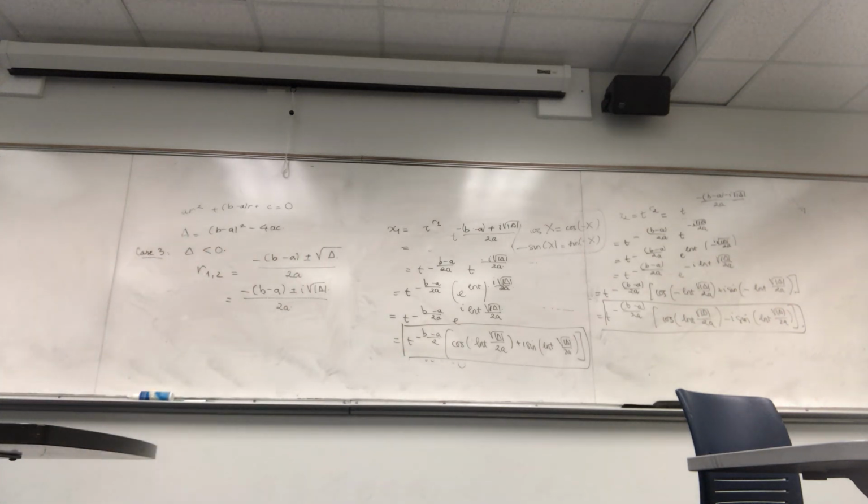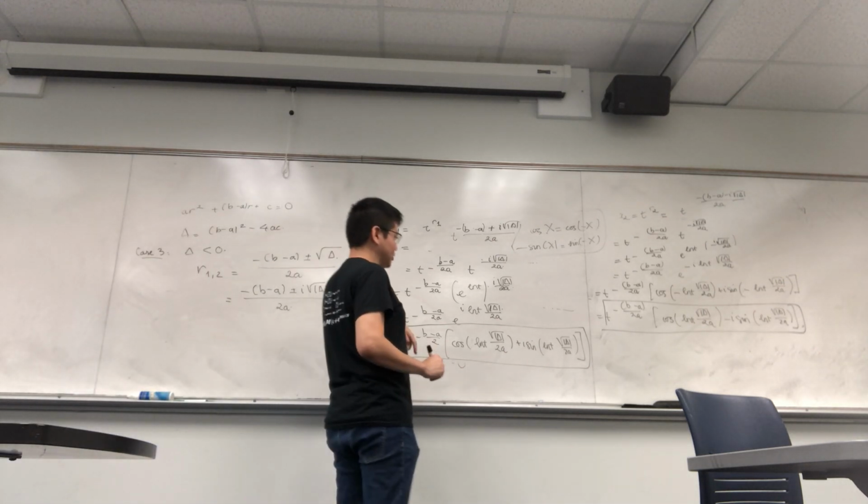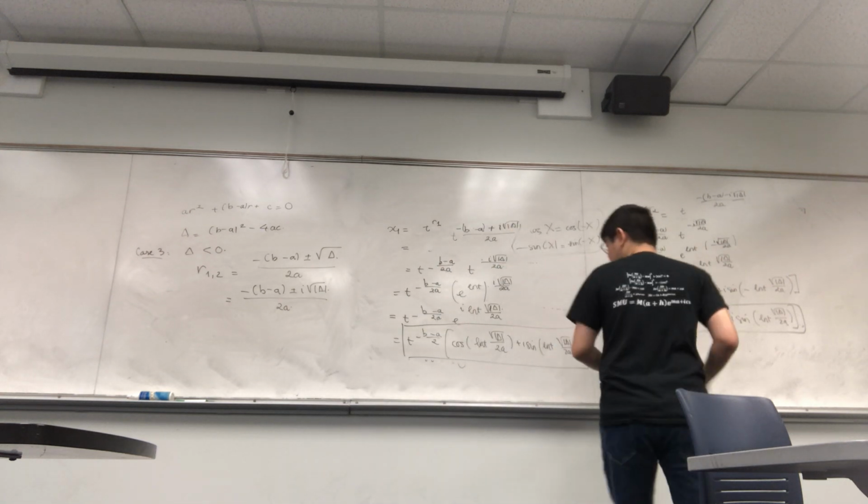All right. What is the general solution for this? Right, so I have x1 and x2. What is the general solution? Yes? Is it just a constant times x1 plus a constant times x2? Yes. So the general solution, I'm going to erase everything and put a constant.